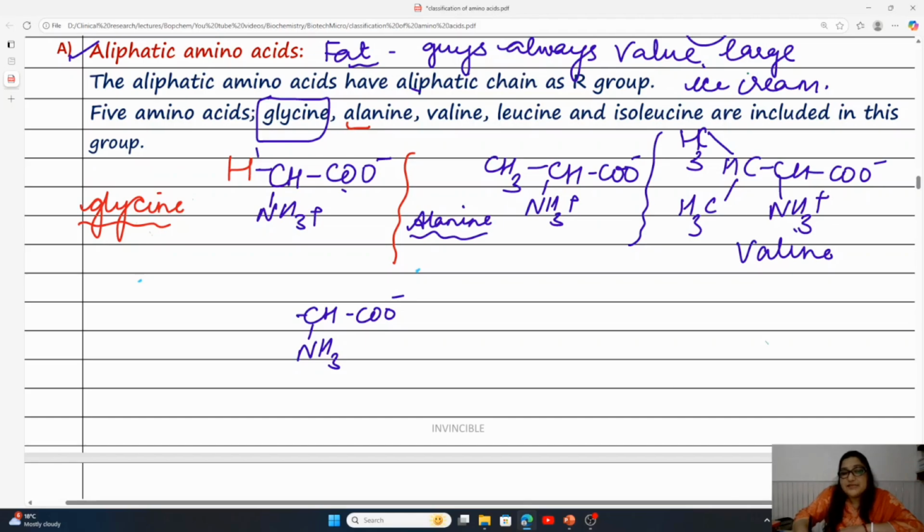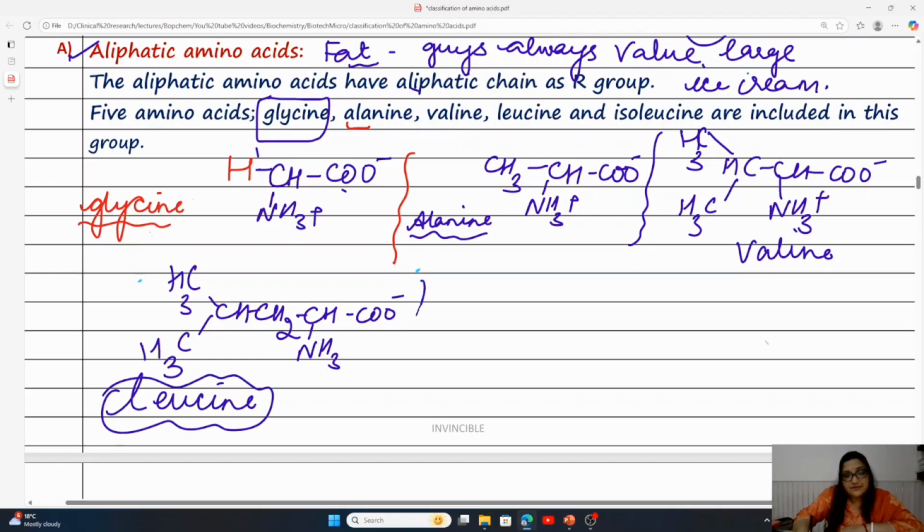If you compare all the structures, we are just introducing alkyl groups. So here it goes CH2, CH, CH3 and CH3. So this is the structure of leucine.